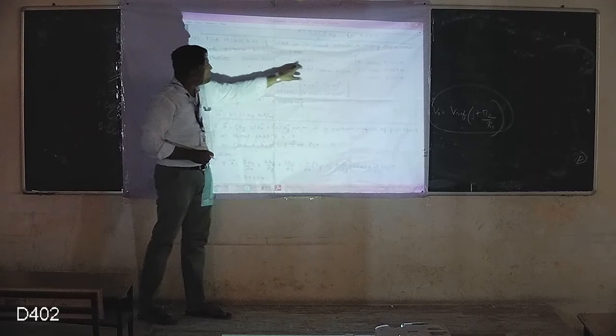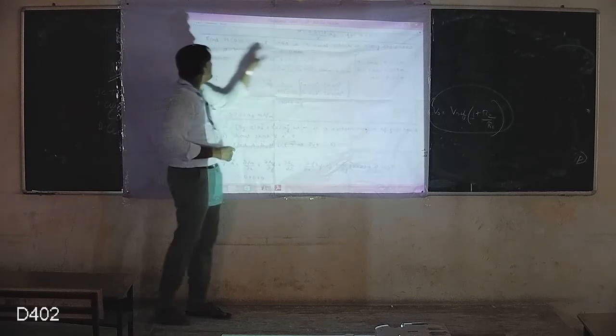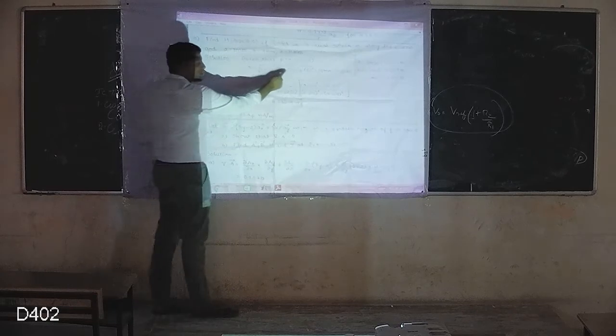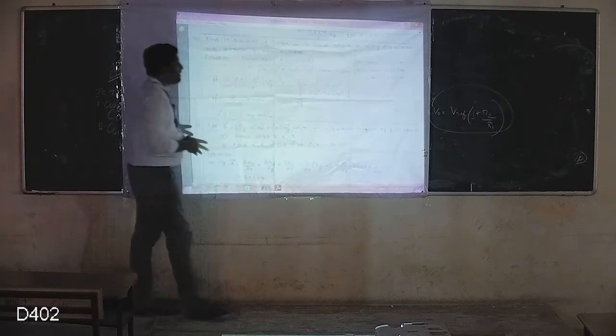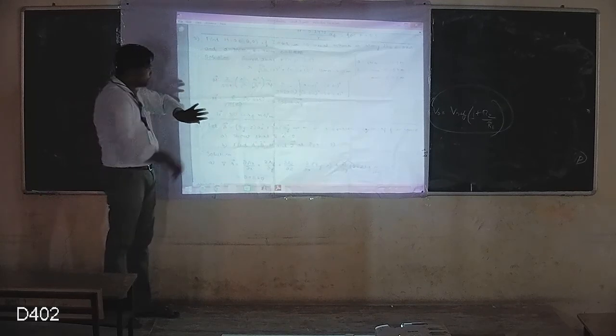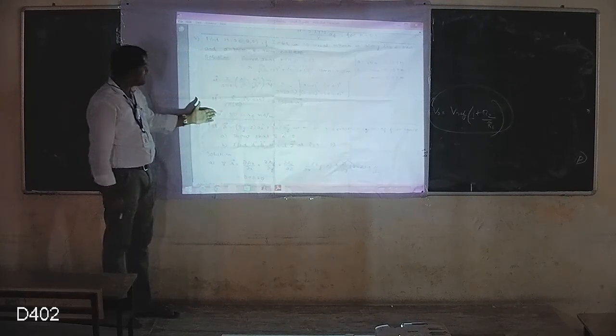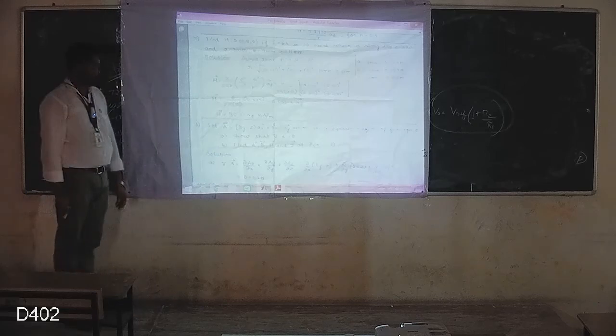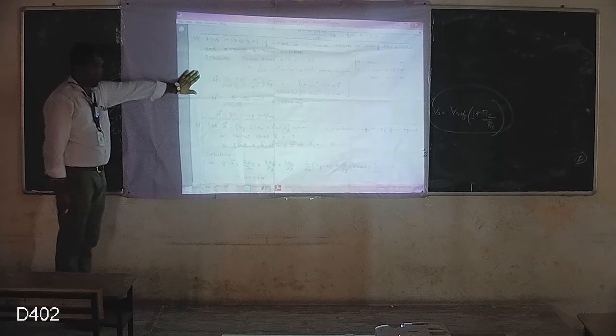You take this as the first point minus the center of the coaxial cable, which is 0 comma 0, which gives 0.01 square, 0 square, 0 square, and therefore r is equal to 0.01 meters. With the substitution, I can get H vector equal to 50 a phi milliamp per meter. So this is the problem based on a coaxial cable.